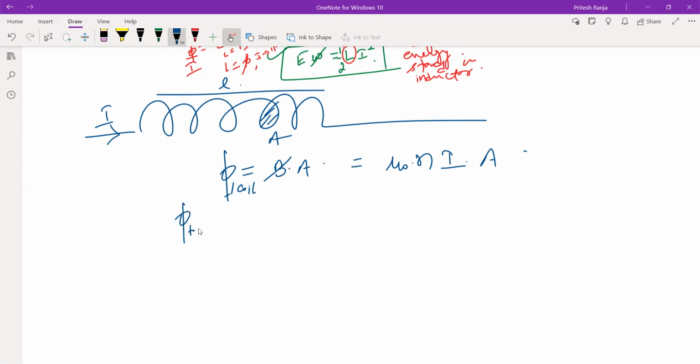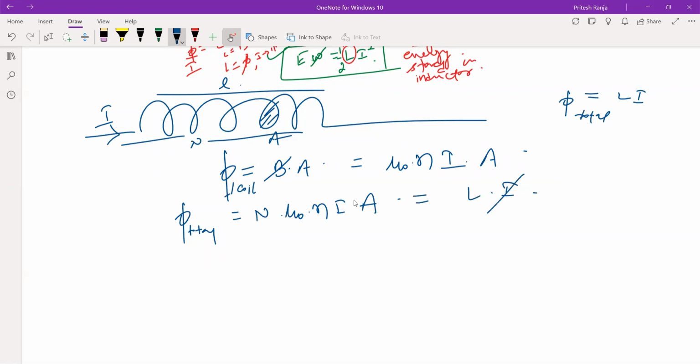Flux through all the coils, that is the total flux, was equal to N, the number of turns, into mu naught n I A. Now this total flux, we knew that phi was equal to Li. That means the total flux was equal to L into I. So this was equal to Li, and I gets cut. So we get L as mu naught n into A.